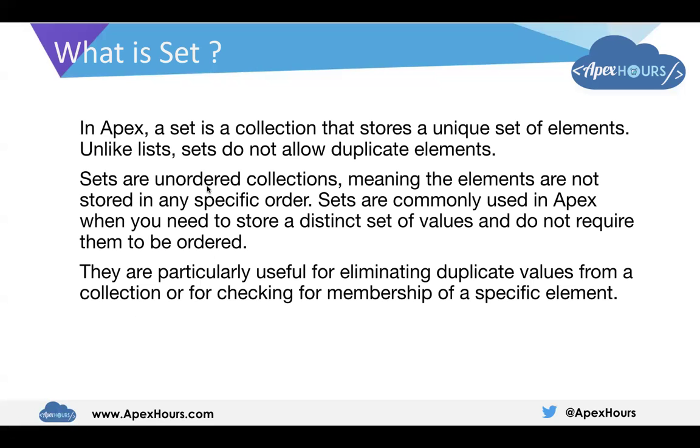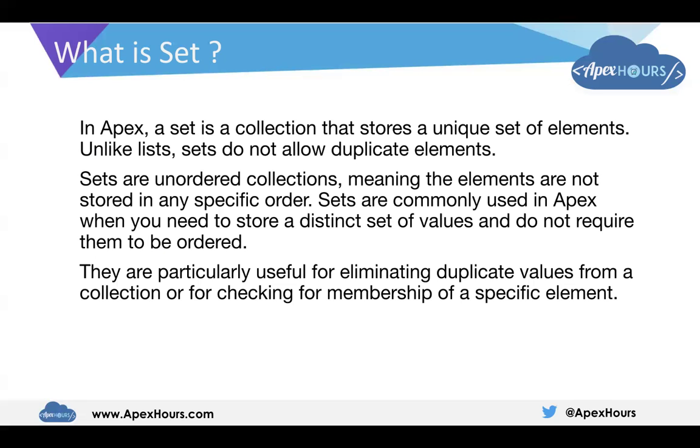Sets are unordered, which means the order of the data is not guaranteed. No matter which element you have entered first, it will not remain in the first position. It does not guarantee the order, while the list guarantees the order.